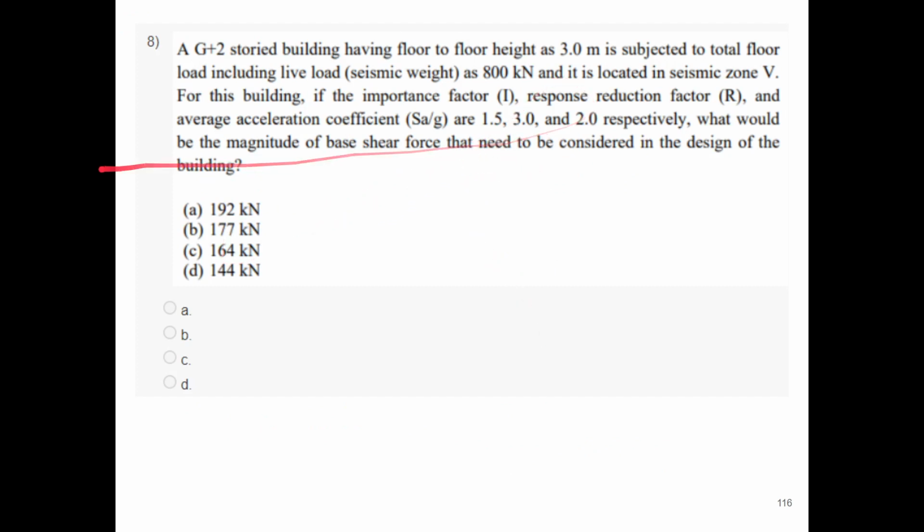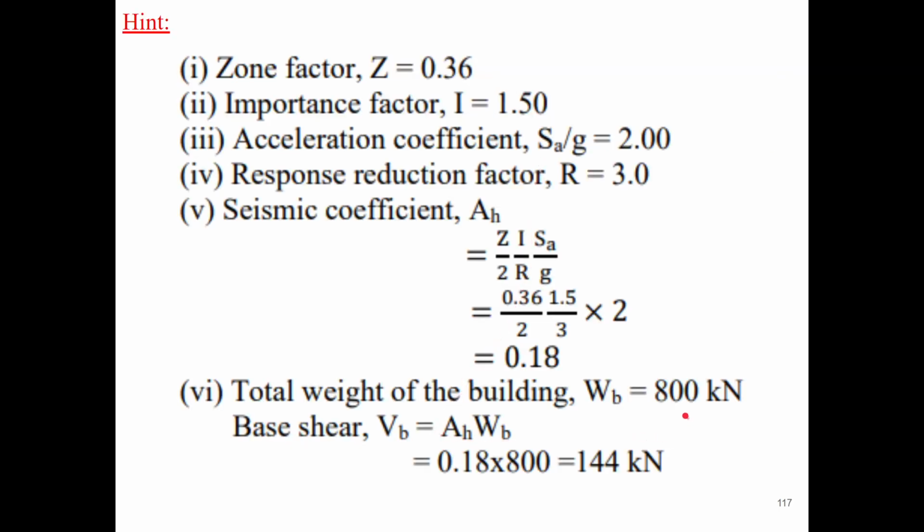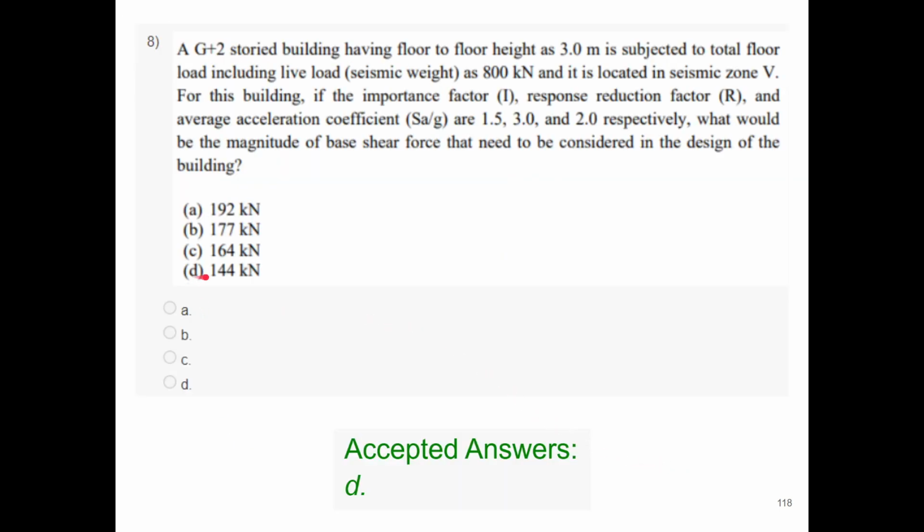For that, we just multiply 0.18 with the total load, which is the seismic weight of 800 kilonewton. So if you multiply 0.18 with 800, it is 144 kilonewton. So option D, 144 kilonewton, is the right option.